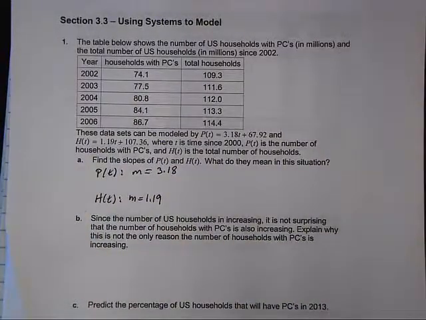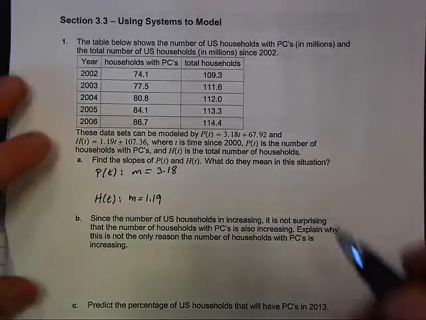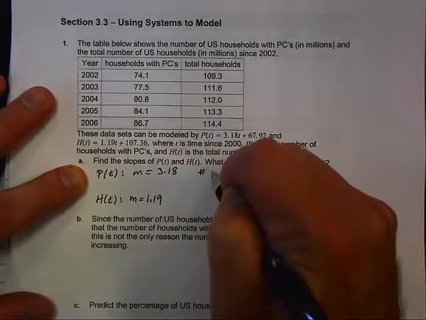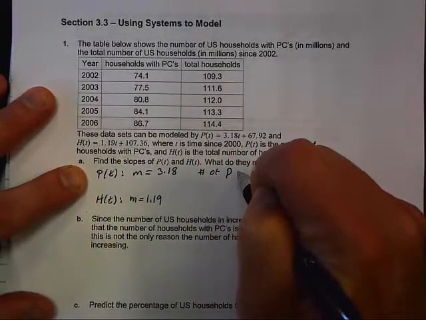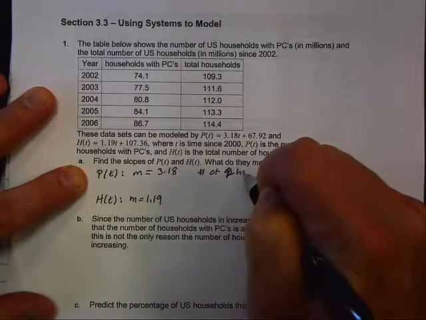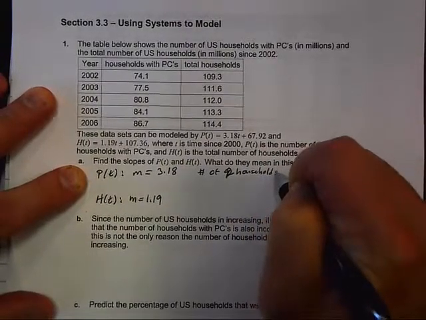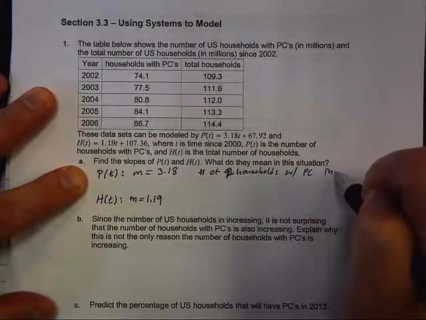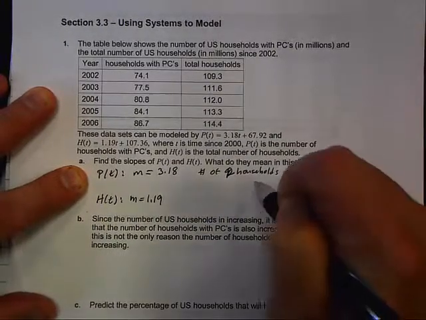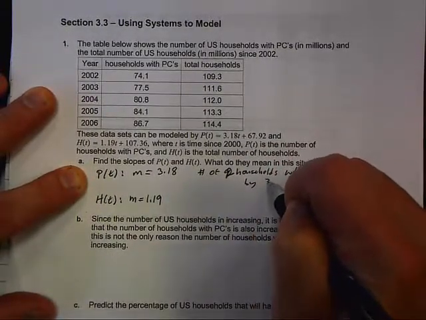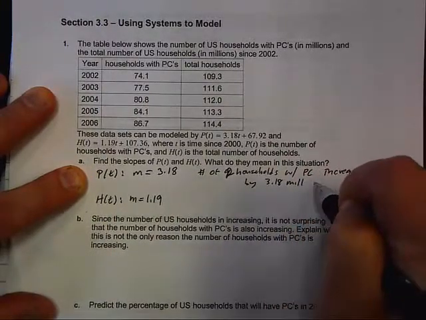All right, what do those slopes mean? What does the number 3.18 mean about the data and the information you were given? Each year, what's increasing by that much? The number of households with PCs increases by 3.18 million per year.